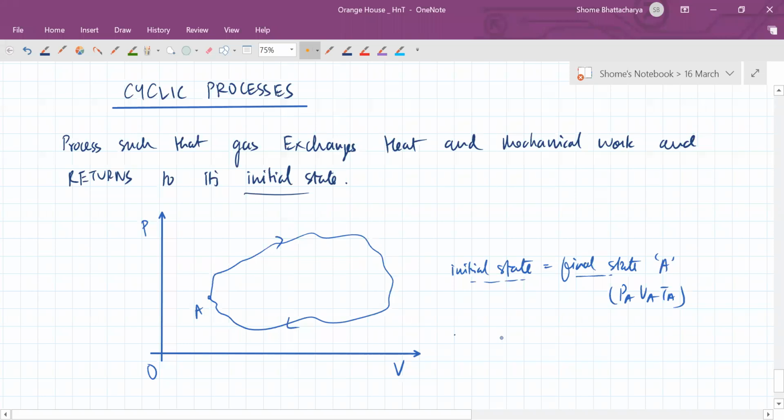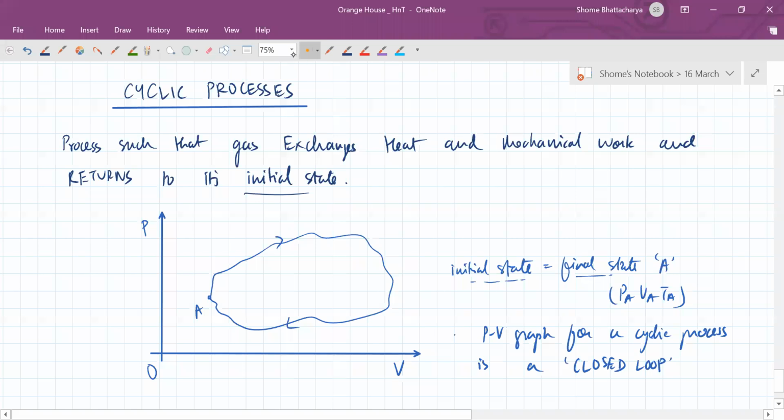So the PV graph for a cyclic process is a closed loop always.